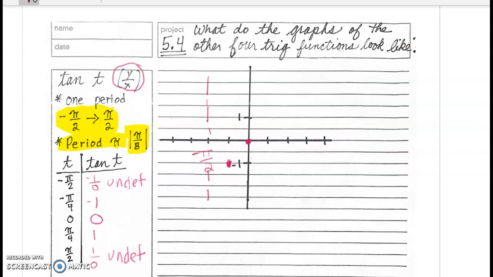And then since we label like this, this would be pi over 2 here. And at pi over 4, then I'm up at 1. And at pi over 2, I'm undefined again. Remember, those are vertical asymptotes. You cannot cross them. Okay? So our graph of tangent will go left to right, and it'll look something like that. Easy enough.